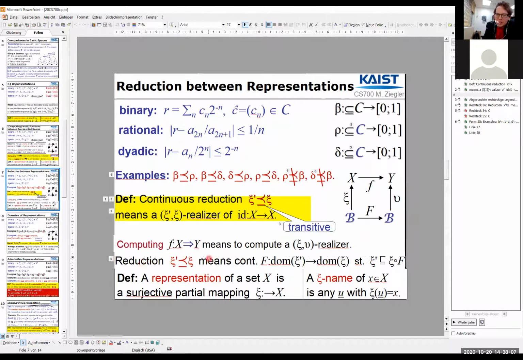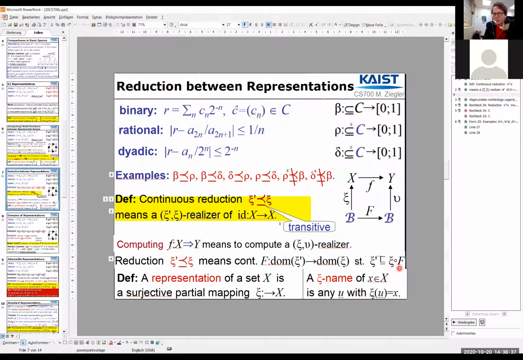This reduction means a continuous mapping f from the domain of the first representation psi prime, which is one of our basic spaces, Cantor space or Baire space, to the domain of the second representation psi, such that f translates psi prime names to psi names.